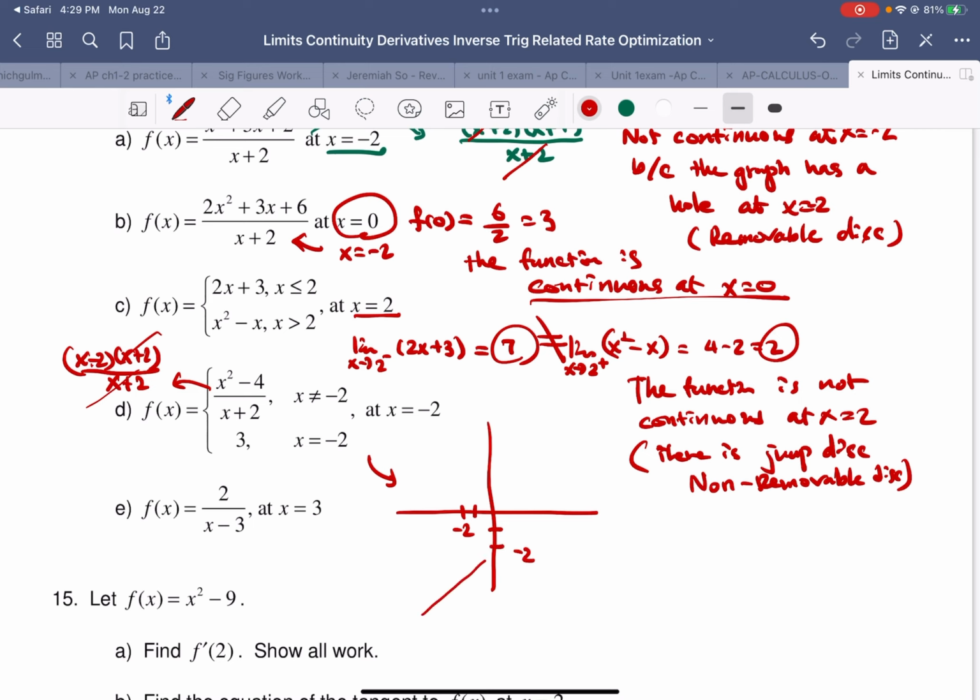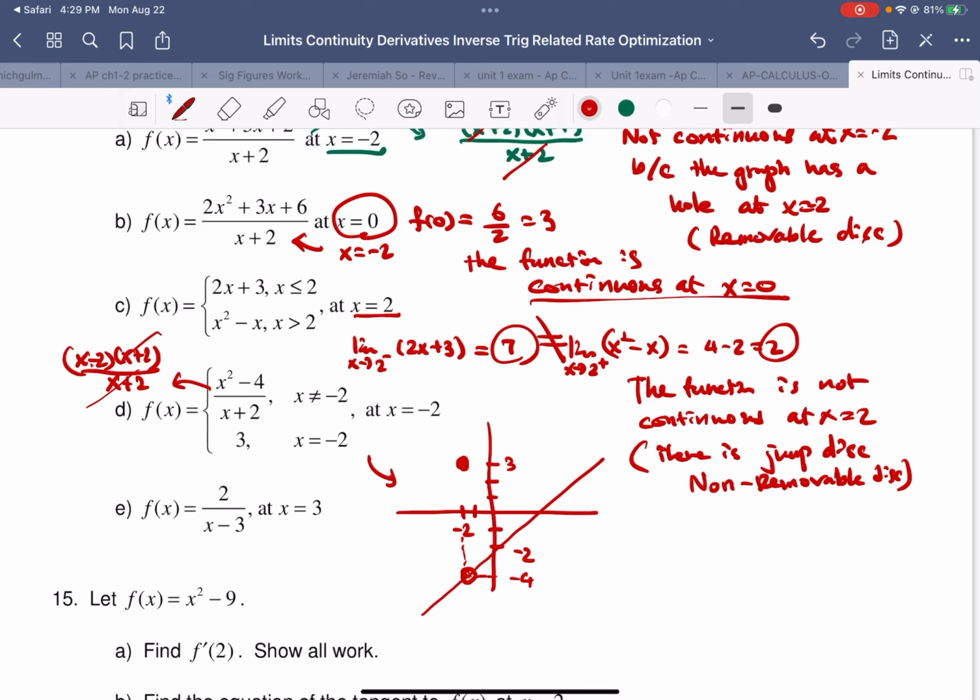Okay, your graph looks like this. And then when x is negative 2, it's negative 4. So basically there's a hole there, right? At x equals negative 2, there's a hole. And also when x is negative 2, it's at 3, right here.